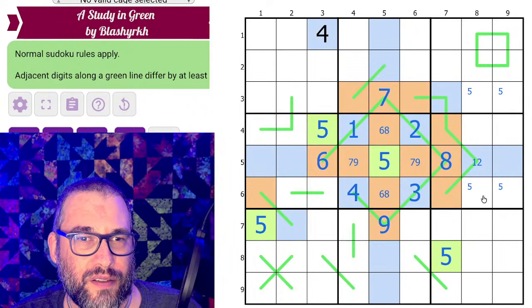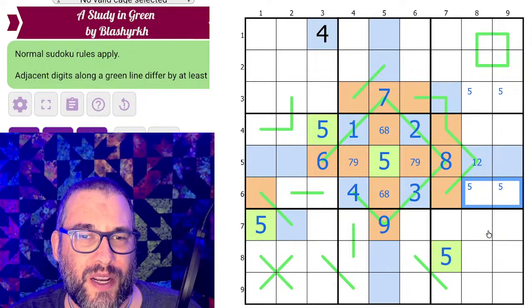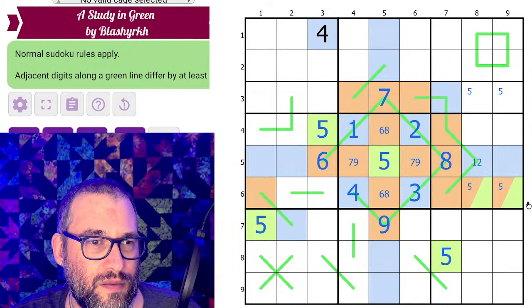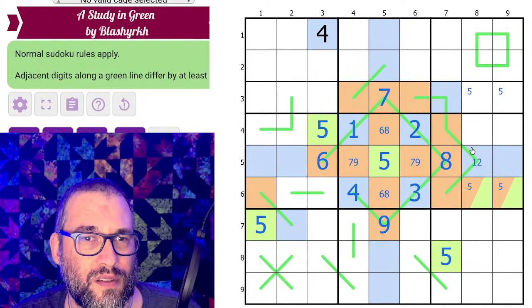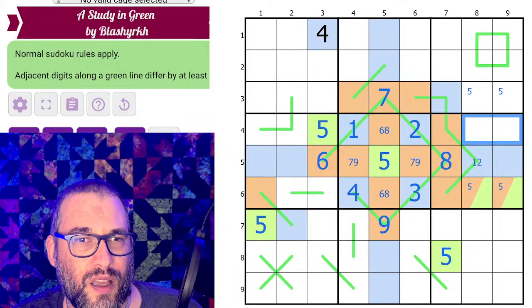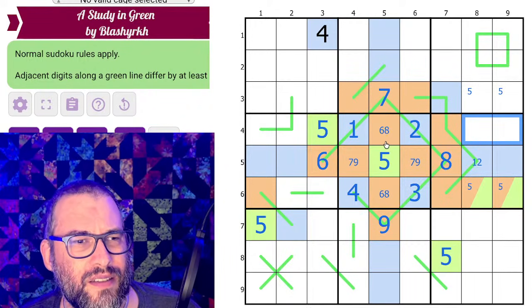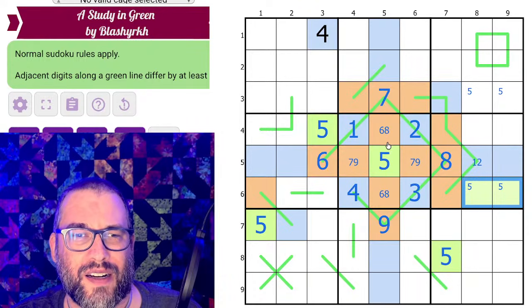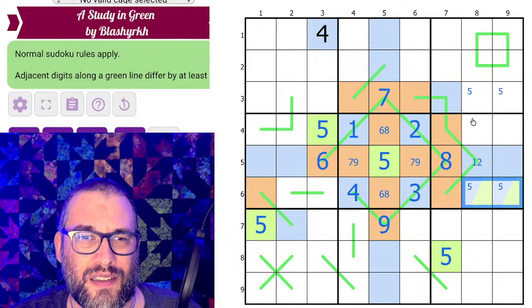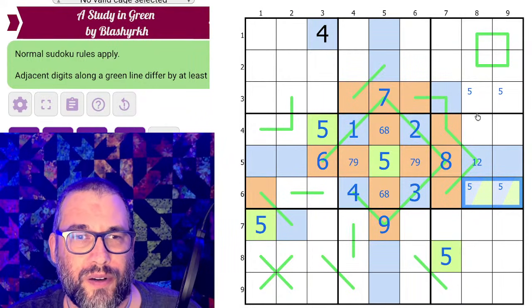Let's see. Yeah, this is a 5 orange pair. So these are both low. Wait, that's also not right. What have I done? It is a 5 blue pair. Good lord.